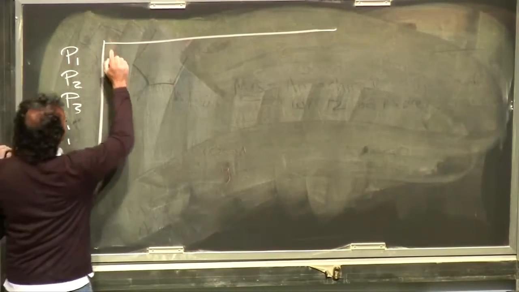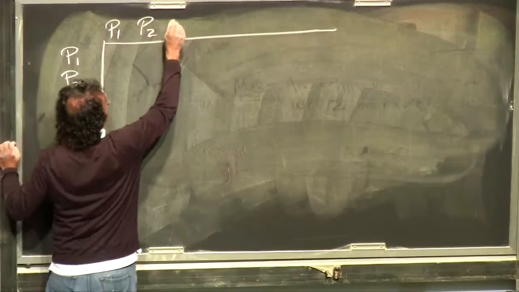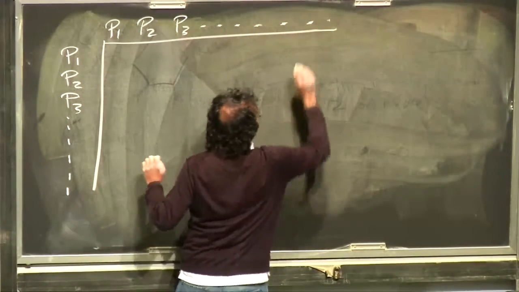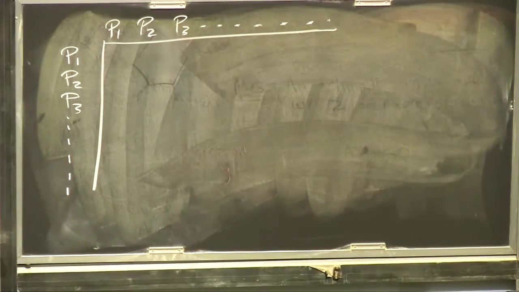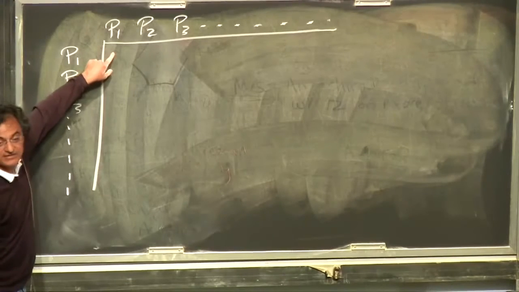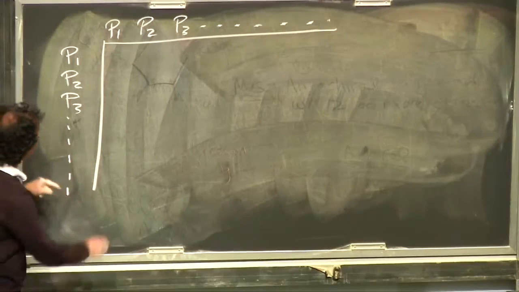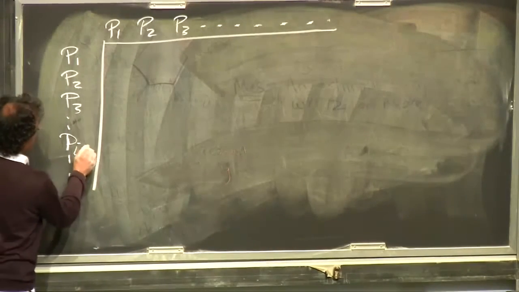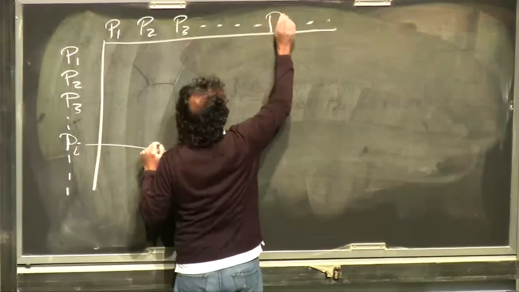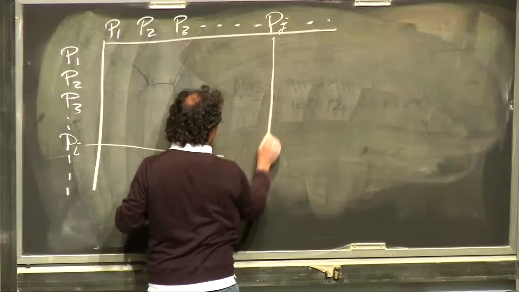Then what do we do on this side? Well, let's write down all programs, P1, P2, P3, and so on. And now what should we put in here? If we have Pi, Pj, what should this entry be?